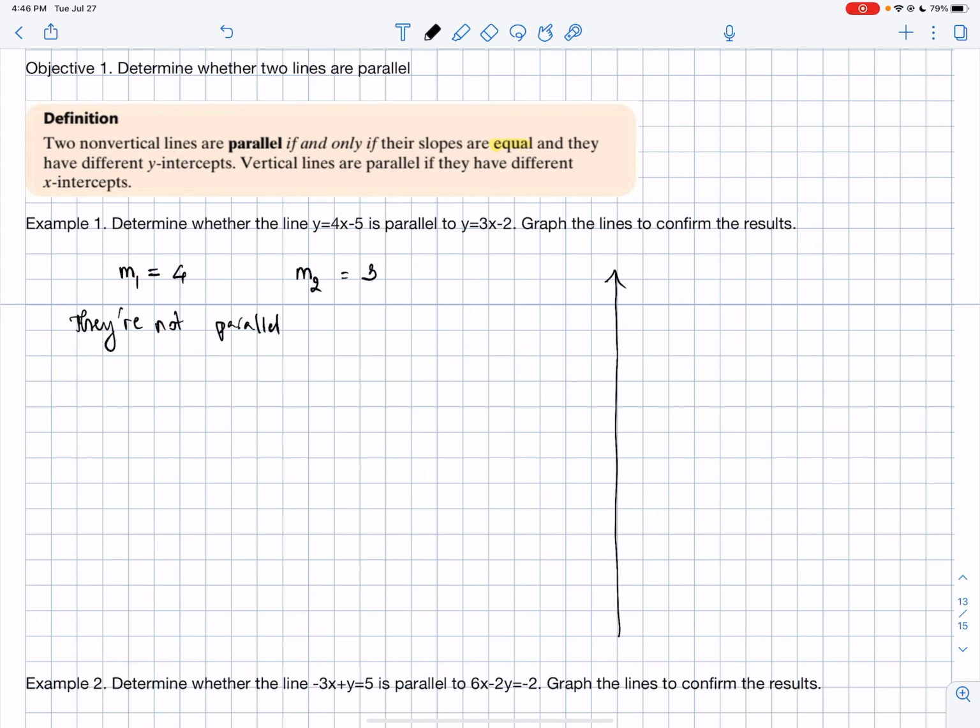The problem wants us to graph to confirm the result. Since they are in slope-intercept form, we can graph them right away using the intercept and the slope. The first one, we begin from -5. The slope is 4/1, so we go 4 up and 1 right, so we will hit -1.